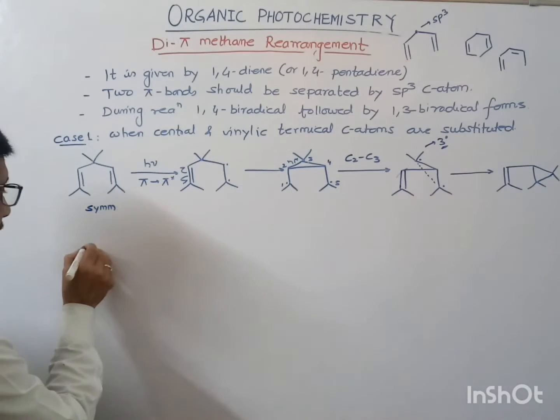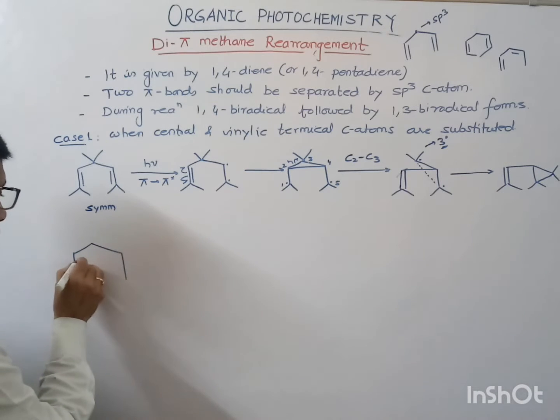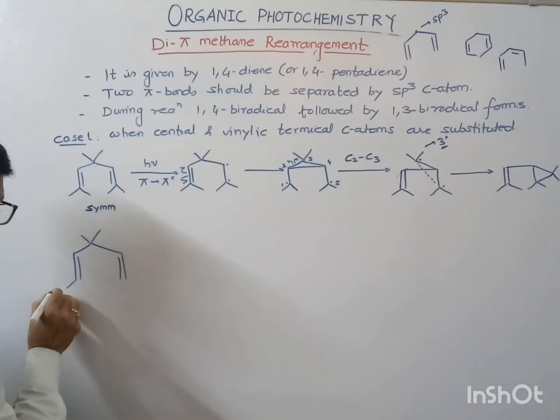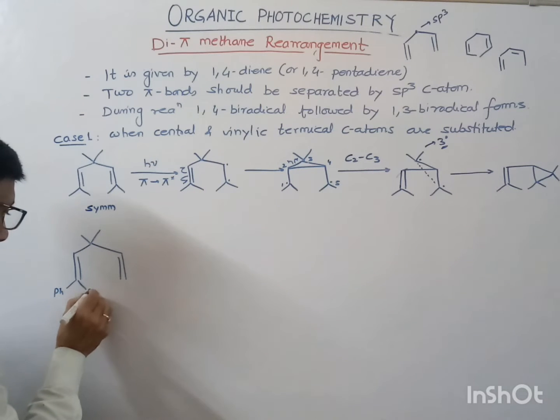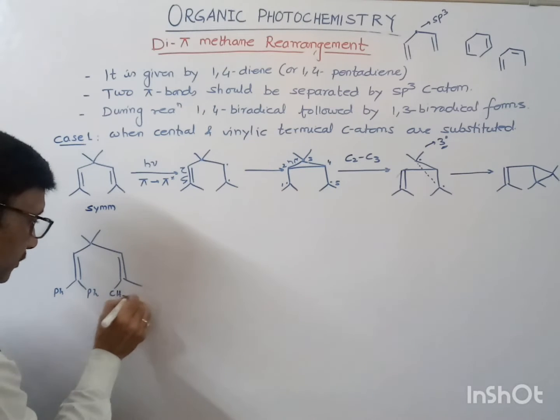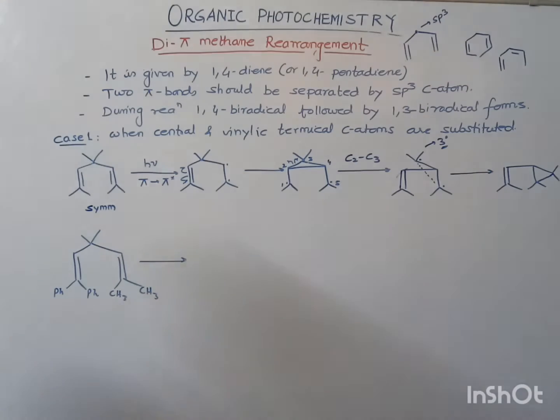Now if I take an unsymmetrical 1,4-diene, where the terminal carbon atom has a phenyl group and this carbon atom has a methyl group, this is our unsymmetrical molecule.